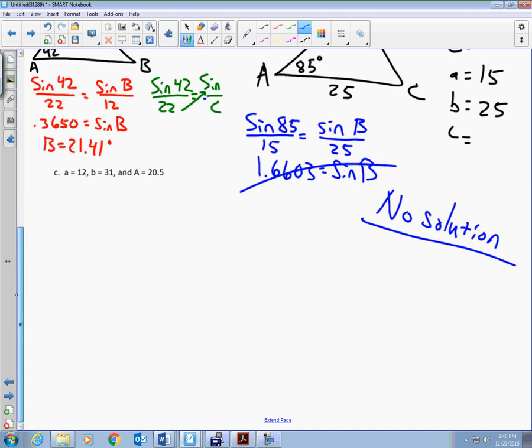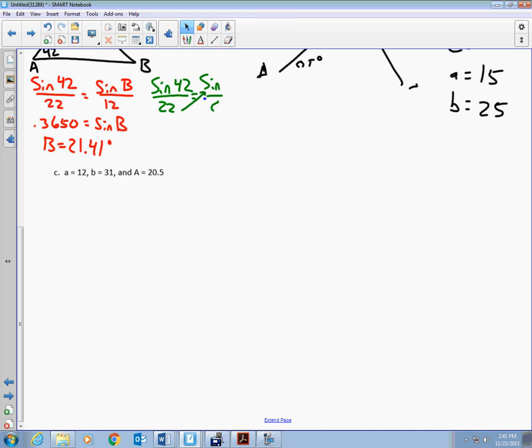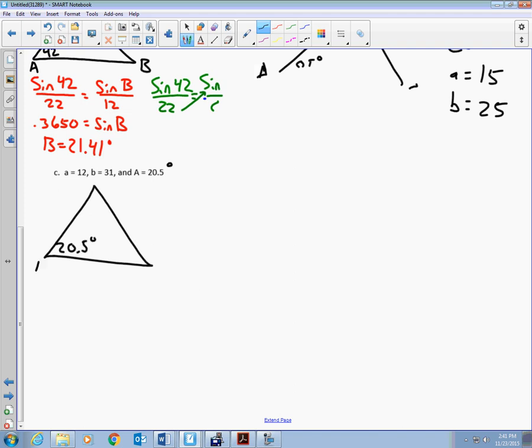We have one more example today, folks. Let's draw the triangle. Angle A is 20.5, side A is 12, side B is 31.